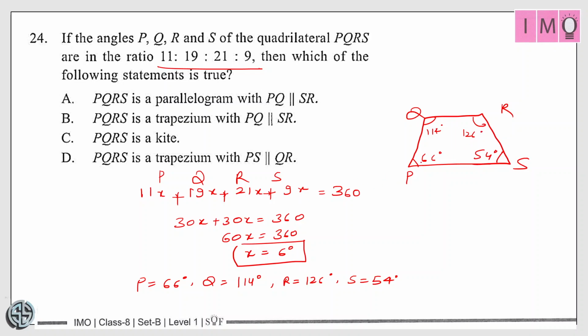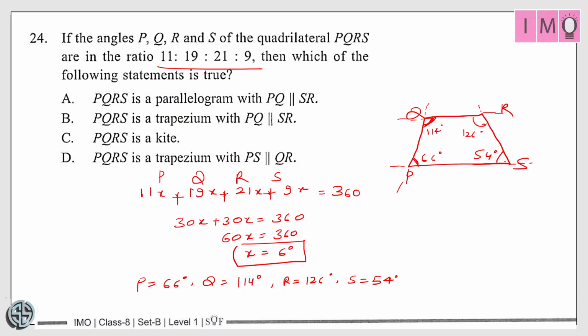So you can see here 66 plus 114 is 180. So definitely if the sum of these angles is 180, these will be parallel lines. QR will be parallel to PS, where this is a transversal. That's why 114 plus 66 is 180. Okay. And similarly, you can see 126 plus 54 is 180.